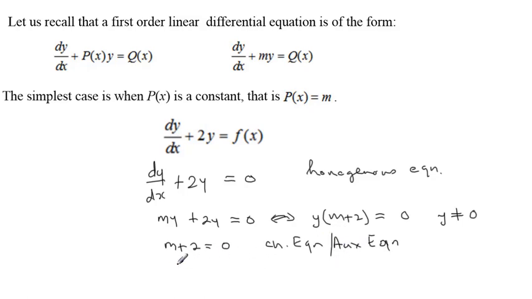After that, we saw that if we solve this auxiliary equation, we get m equals minus 2, and thereafter we could construct the solution y of x equals c, an undetermined coefficient, multiplied by e to the power of minus 2x, minus 2 being the root of this characteristic equation.